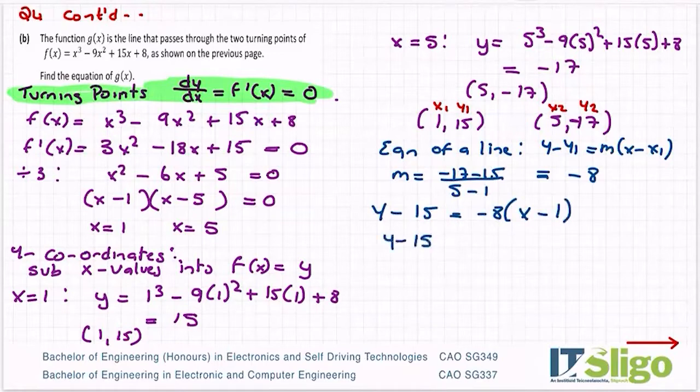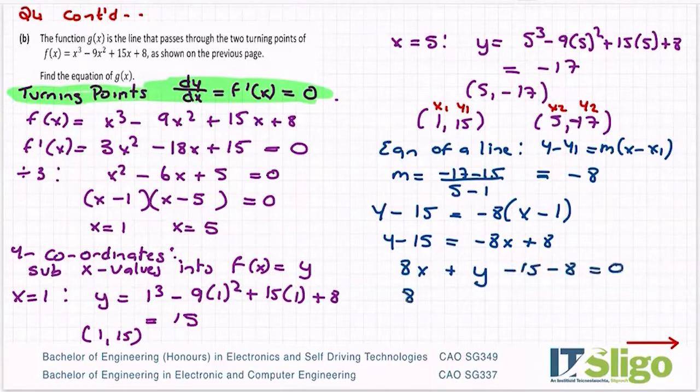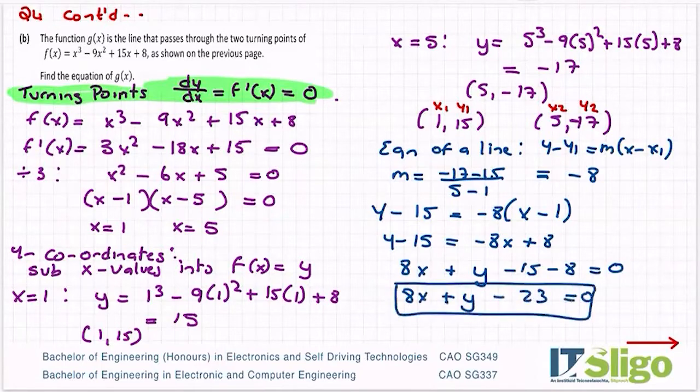So y minus 15 is equal to minus 8x plus 8. Let's bring them over and write them in the form ax plus by plus c equals 0: 8x plus y minus 23 is equal to 0. Okay, so that is the equation of g of x.